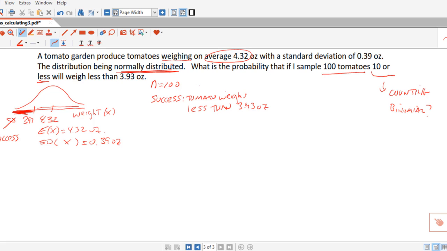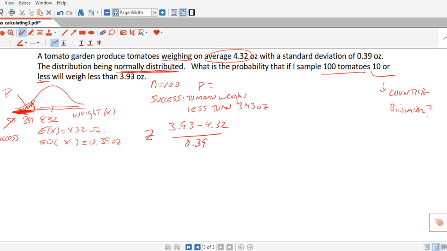But if it's binomial, I need to figure out what the probability of success is. And success is landing in this region right here. So this must be the probability of success, the chance of getting a tomato to weigh less than 3.93 ounces. Okay, so what is this value? So I got 3.93. Let's find the z-score of this thing. This is normal. Subtract the mean and divide by 0.39.